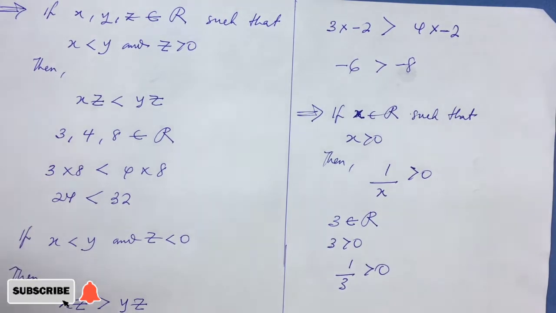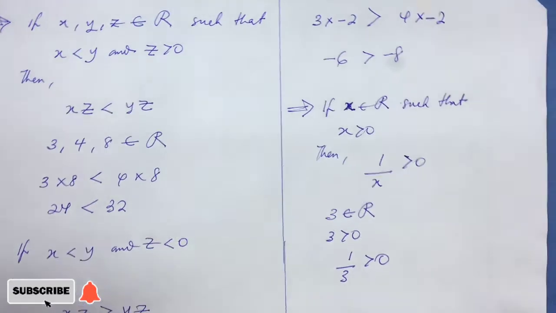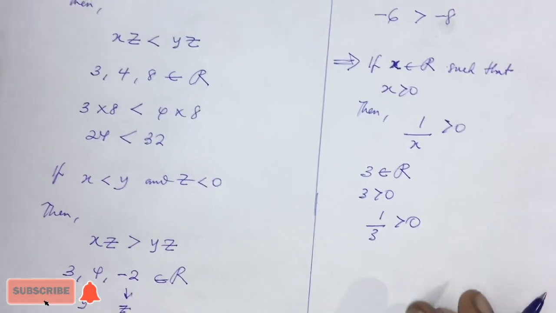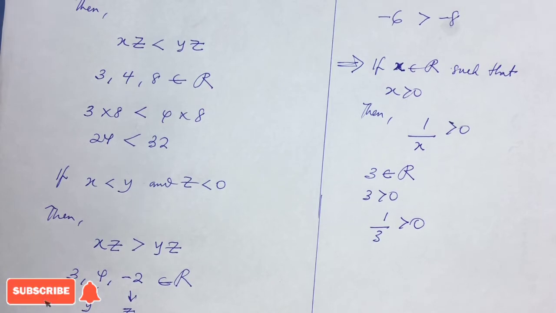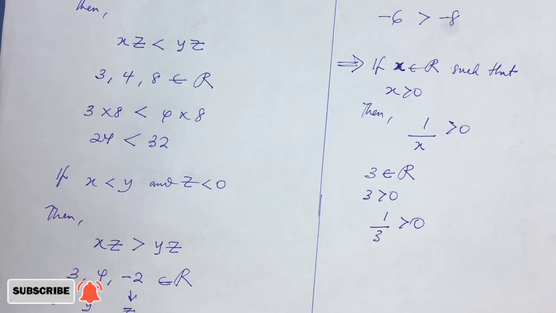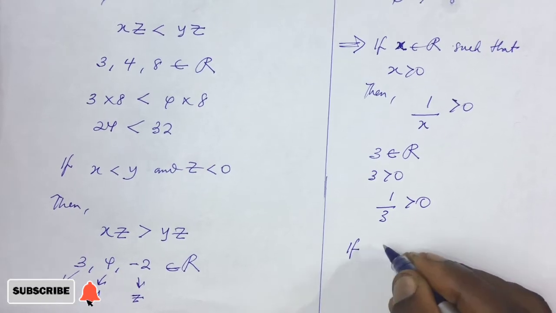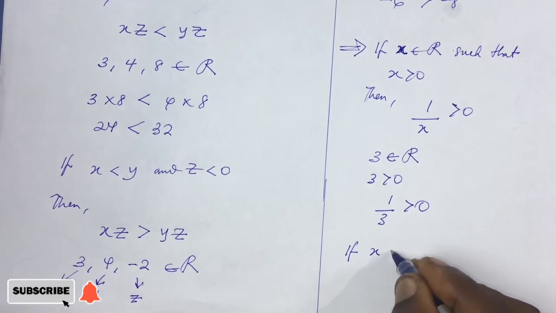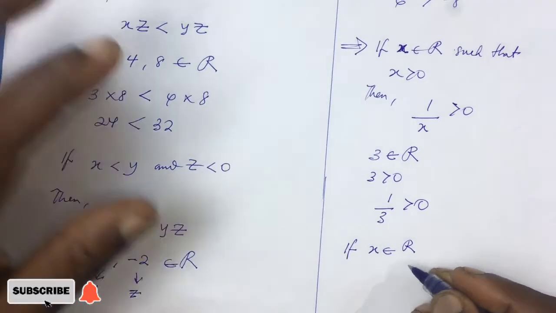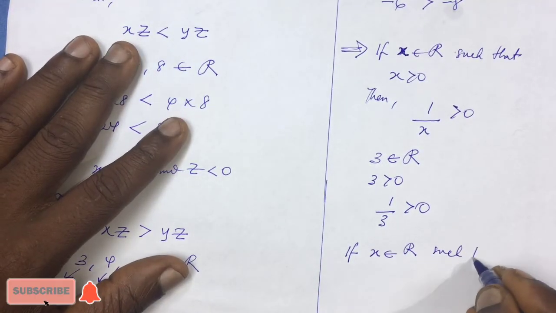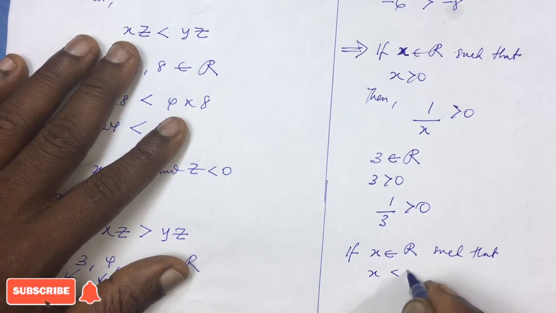So if you select a number from the real number system, and that number is positive, 1 over that number will remain positive. Now, what if you select a number x from the real number system such that x is negative?